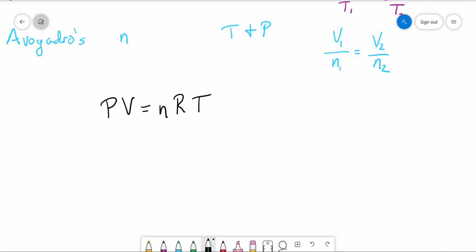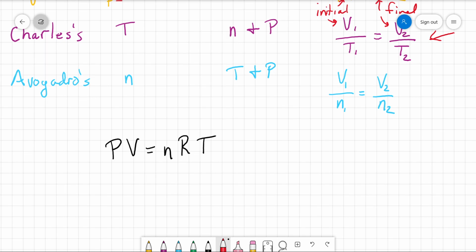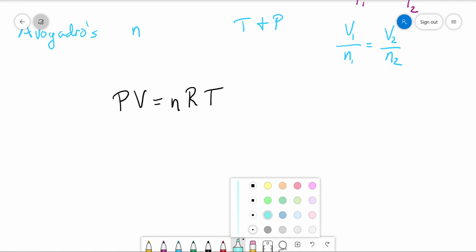So let's just say we're trying to find, remember what Charles's law was, okay? Charles's law up here, volume and temperature. But we don't remember if it's V1 over T1 or V1 times T1. We're just having one of those moments where we can't remember, can't find it in our notes.